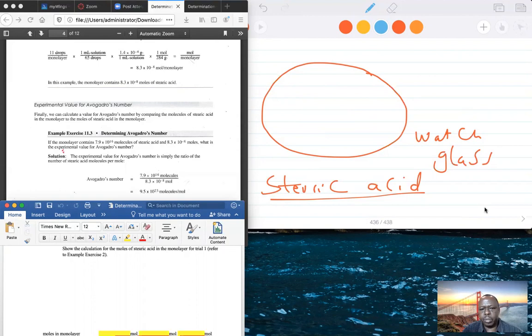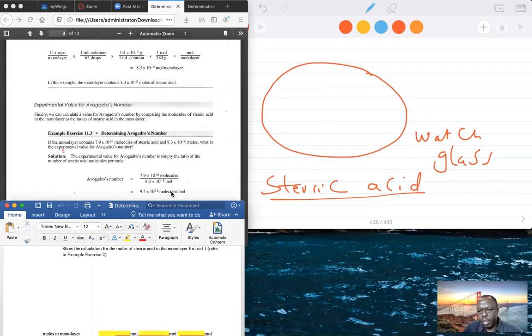You don't need to do anything. Remember, the objective is to get 2 numbers. One is the molecules at the top and moles at the bottom, and then you divide the 2 numbers to get your numerical value for Avogadro number. Any question? No question?